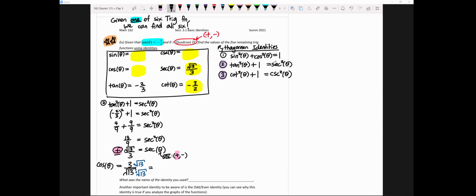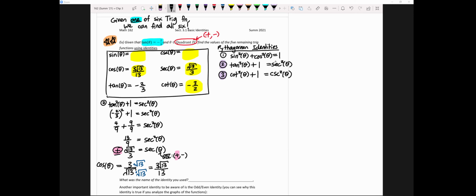So make sure to do that. So cosine of theta is 3 root 13 over 13. That's right. And Stephanie, is your cosine value positive or negative? Positive. Yes. Cosine and secant are positive in quadrant 4.